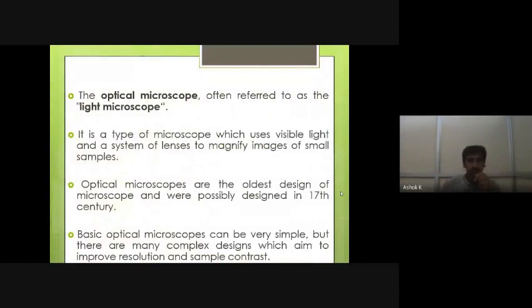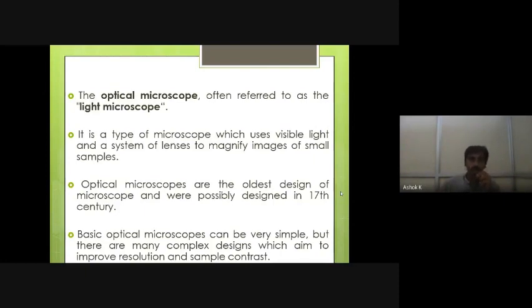The optical microscope is also known as a light microscope. From the name itself you can imagine that the light microscope works on the concept of using light sources. It is operated for seeing tiny particles or molecules of an atom.